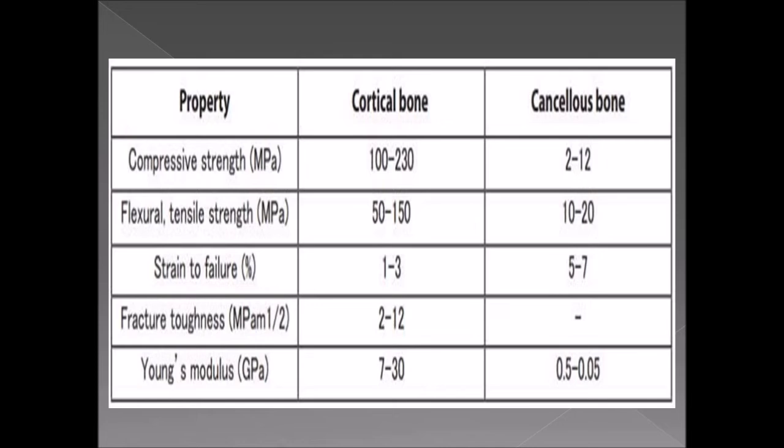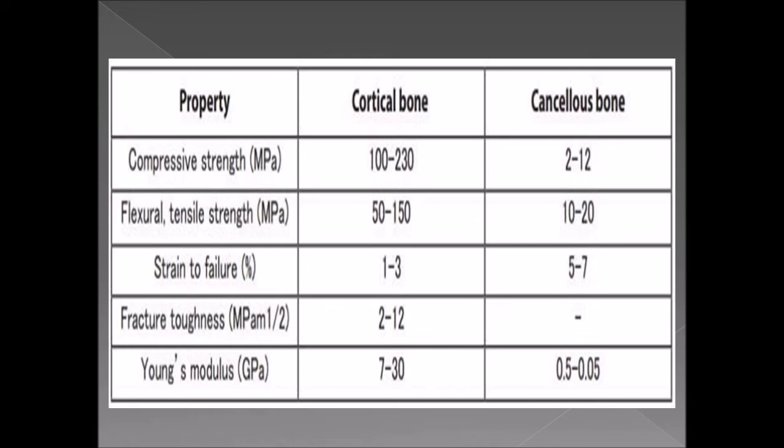That means it is as strong as cast iron. Our cortical bone, the outer part of the bone that is compact and stiffer, is as strong as cast iron itself. And if we see the tensile strength, our bone is not as strong in tension as in compression, because the strength depends upon the density, that is mineralization, as well as the orientation of the trabeculae in relation to load.